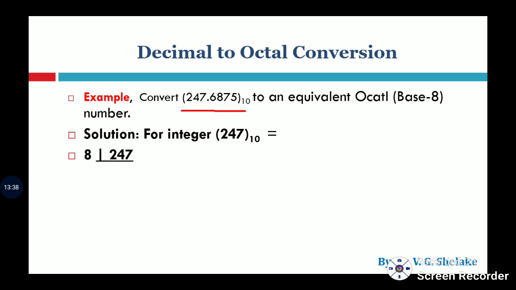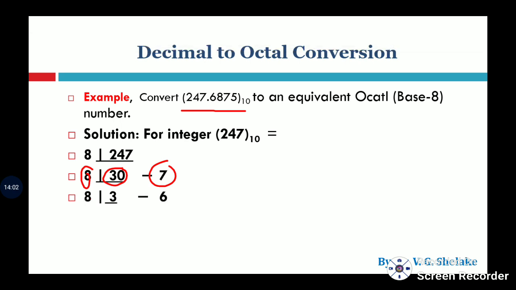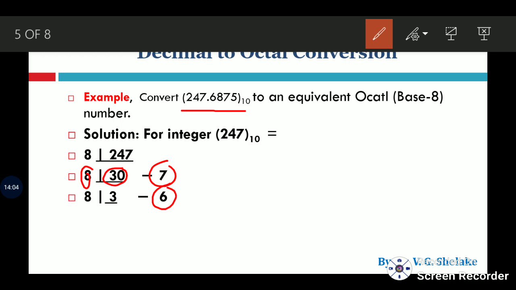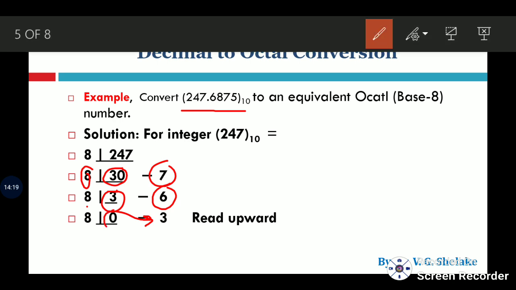So how is this carried out? 247 divided by 8, what will we get? The remainder will be 7. Again we have to divide 30 by 8, then the remainder will be 6. Then 3 divided by 8 is not possible, so 3 is noted down as it is here, and the quotient is 0.